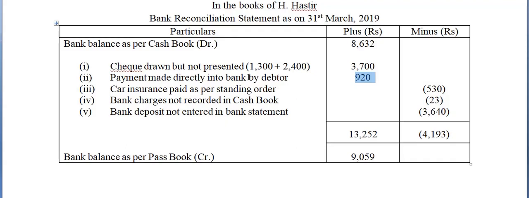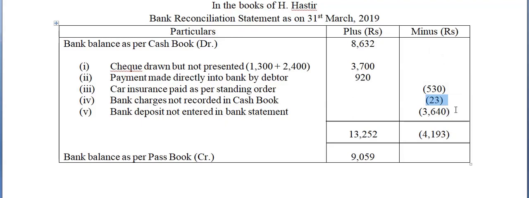So 530 rupees has been subtracted from the bank, but you didn't record the same in the cash book. You must subtract the amount, 530 rupees. Now adjustment number 4. Bank charges for the month amounted to rupees 23. So bank charges not recorded in the cash book must be subtracted from the cash book also.